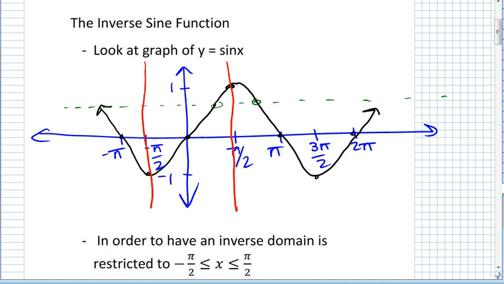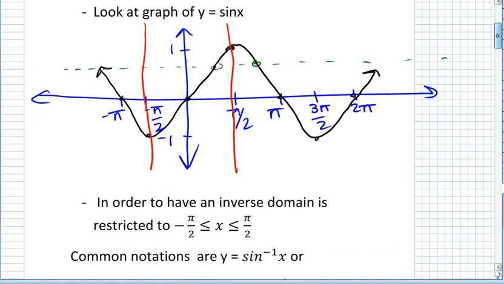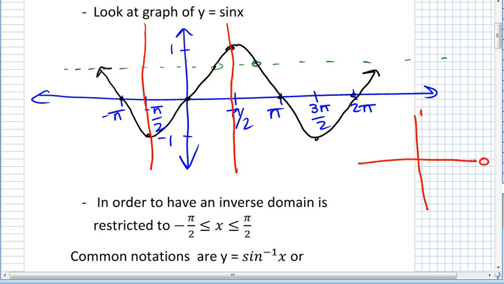All right, so basically the inverse has a domain that is restricted to between negative pi over 2 and positive pi over 2. If you think about it in terms of quadrants, like 0, pi over 2, pi, 3 pi over 2, negative pi over 2 is the same as 3 pi over 2. So if we say it exists between negative pi over 2 and positive pi over 2, we're saying basically the sine inverse exists in the fourth quadrant and in the first quadrant.